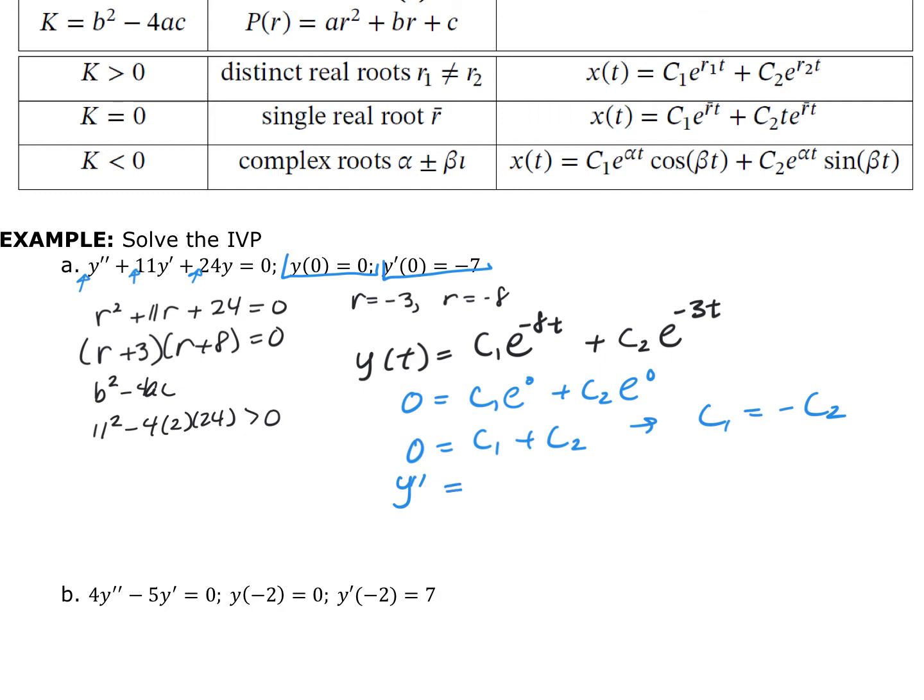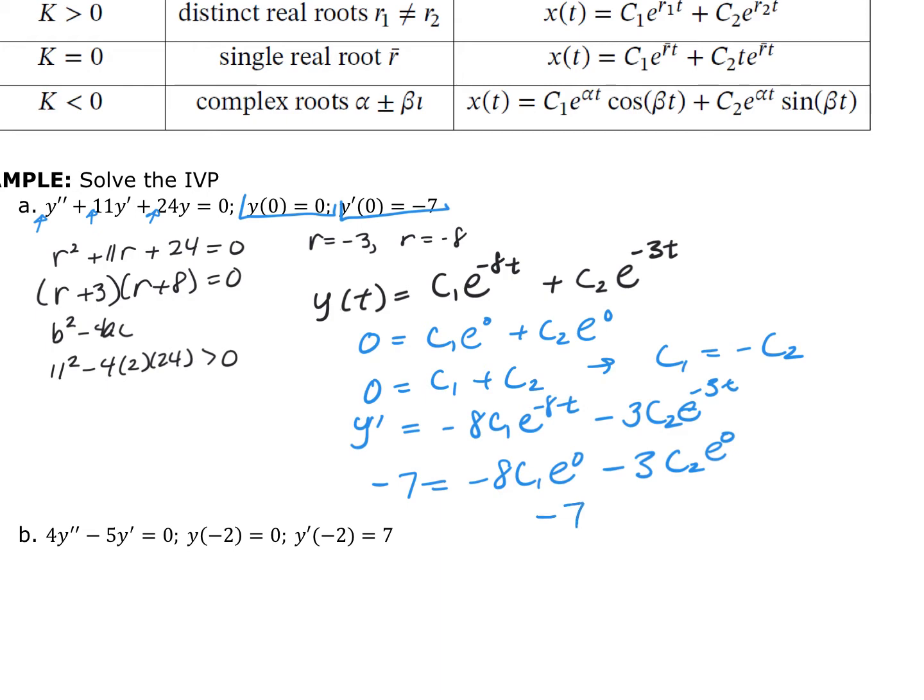Y prime of t is going to be -8 c sub 1 e raised to the -8t minus 3 c sub 2 e raised to the -3t, so that's just taking the derivative. Now I'm going to use that second initial condition and say, hey, -7 is equal to -8 c sub 1 e to the 0 minus 3 c sub 2 e to the 0. So my second equation is -7 is equal to -8 c sub 1 minus 3 c sub 2.